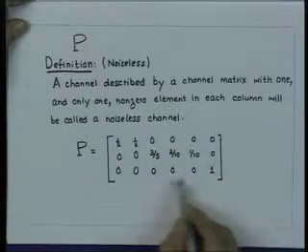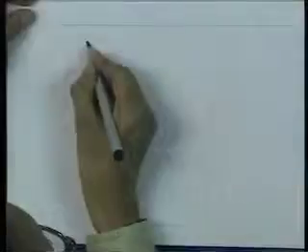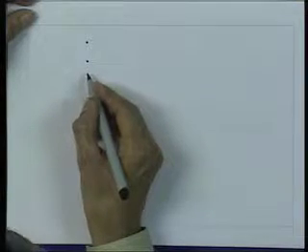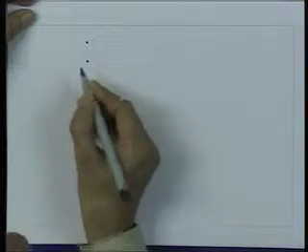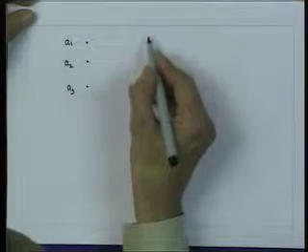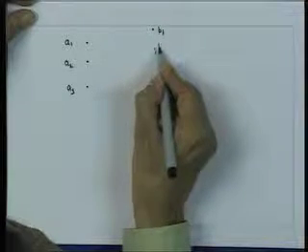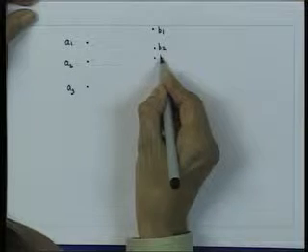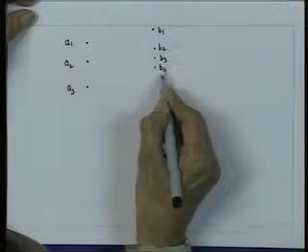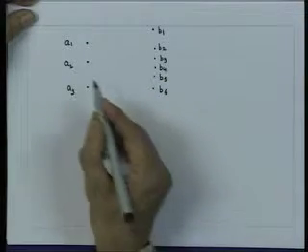Now, the channel diagram for this noiseless channel is indicated as shown here. The size of the channel matrix is 3 by 6. So, we have 3 inputs. Let us denote those inputs as A1, A2 and A3, and we have 6 outputs indicated by B1, B2, B3, B4, B5 and finally B6.